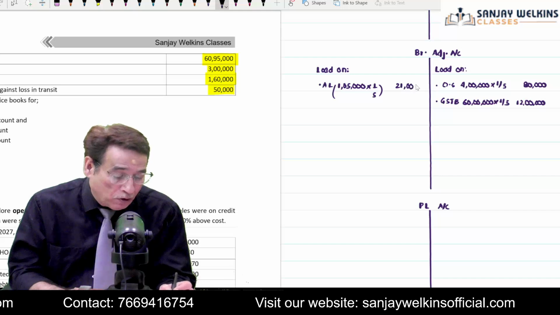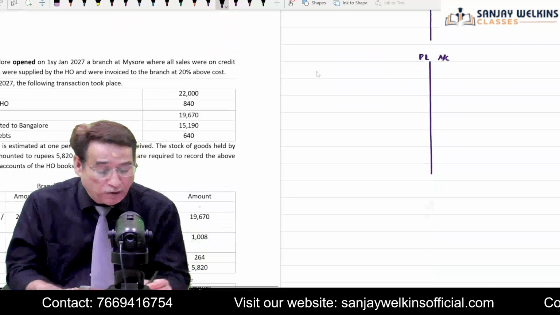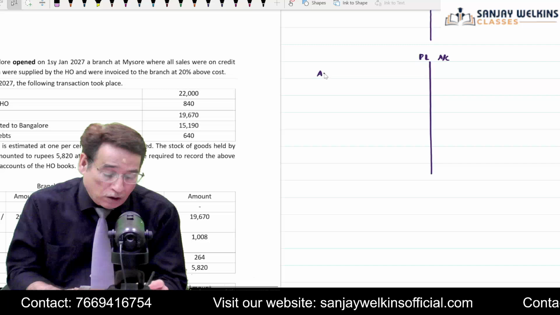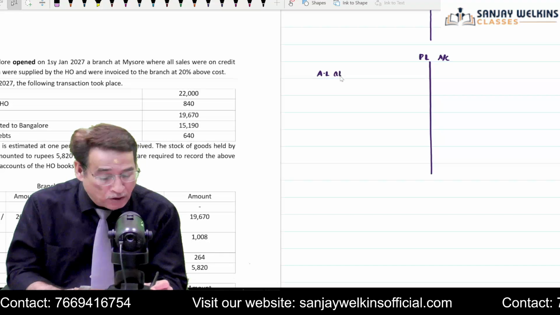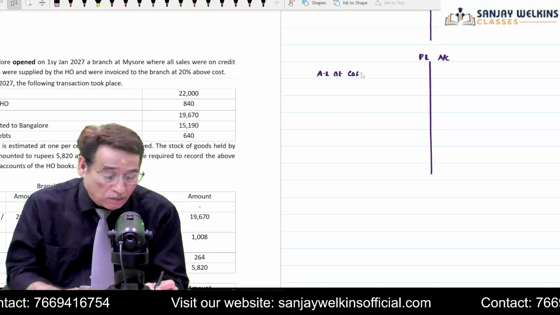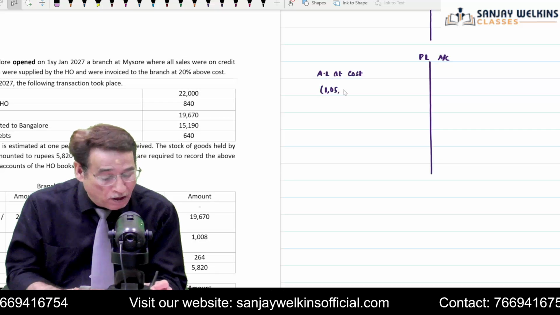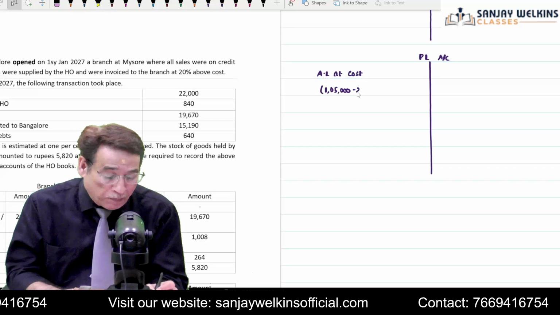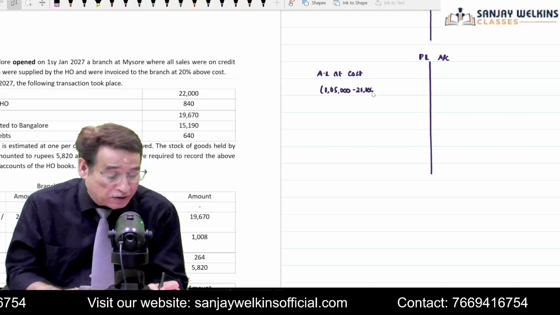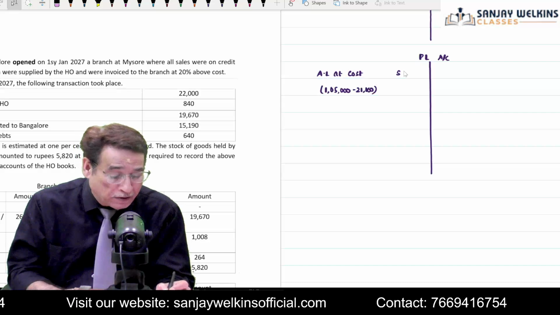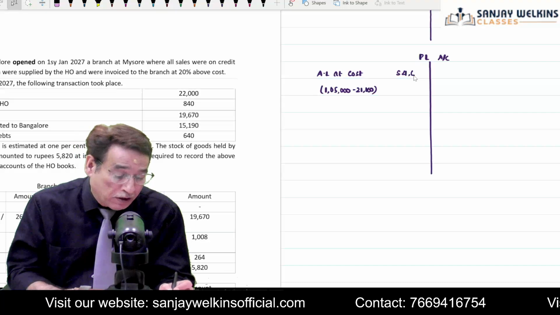And then abnormal loss needs to be put on the debit side of the profit and loss account. Abnormal loss at cost. Total abnormal loss is 1,05,000. We have already written its loaded part, 21,000, in the branch adjustment account. Now the remaining part, that is the cost part, will be written over here, 84,000.